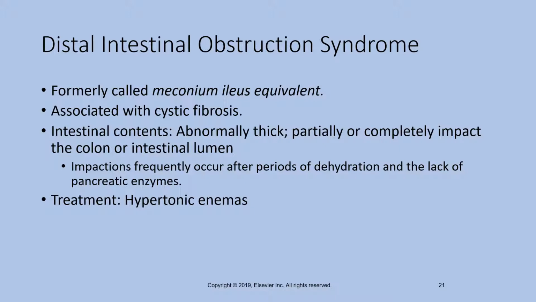I know we keep repeating this, but cystic fibrosis is the most common genetic abnormality in the human race. Intestinal contents are abnormally thick, partially or completely impacting the bowel or intestinal lumen. Impaction frequently occurs after periods of dehydration and lack of pancreatic enzyme treatment. Treatment includes hypertonic enemas.